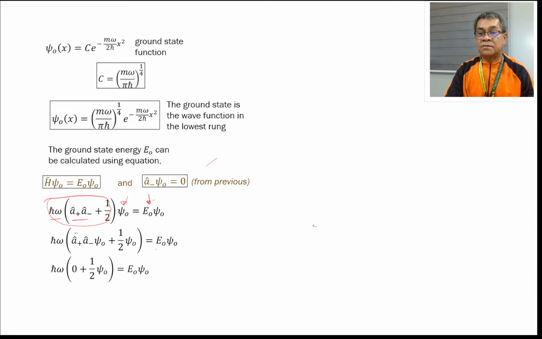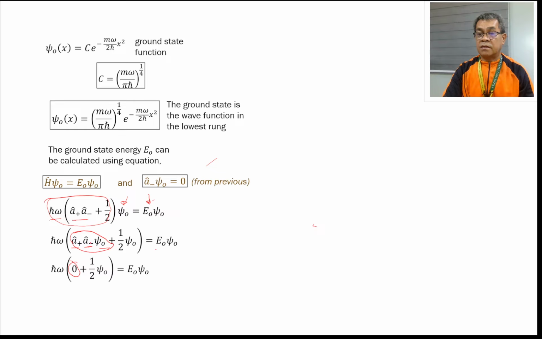Why is it that this one is equal to zero? Analyze carefully. Look at this one. We have these two operators that simultaneously act. But take note that the order of action is that the lowering operator should act first on the ground state. Then the next operator, which is the raising operator, acts on whatever the result is.